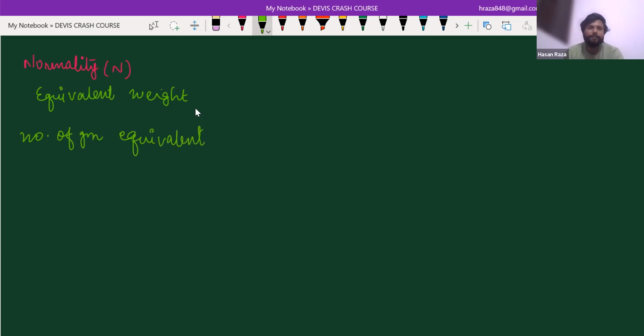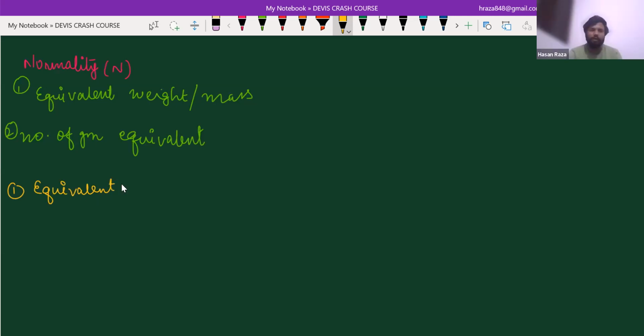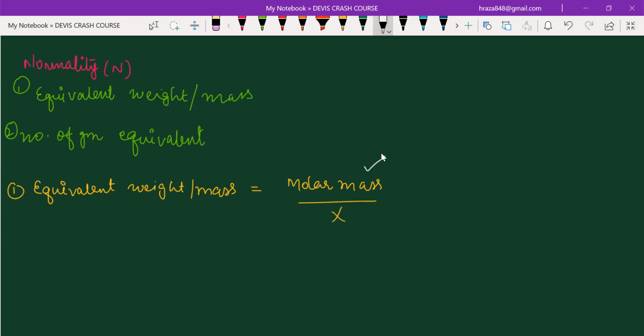We can call this equivalent weight or equivalent mass. So there are two terms that we need to cover before starting normality. I'm going to start with equivalent weight. Equivalent mass or weight has a formula: it is equal to molar mass upon x. And I think you can easily calculate the molar mass of any compound, right?